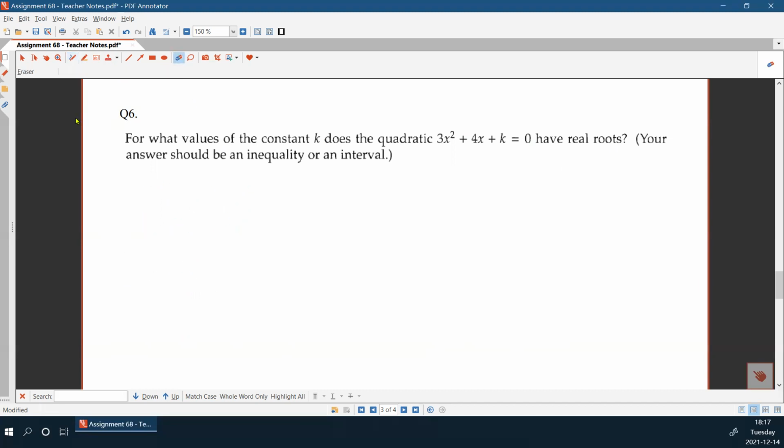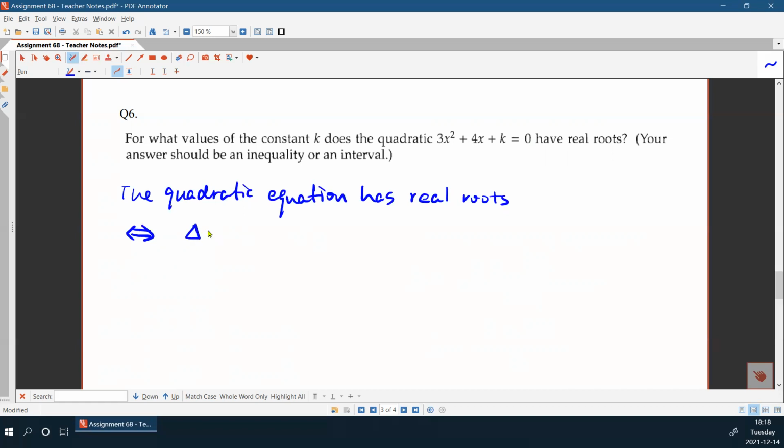Okay, so that means we can write like this. The quadratic equation has real roots is equivalent to the determinant delta is greater than or equal to 0, right?